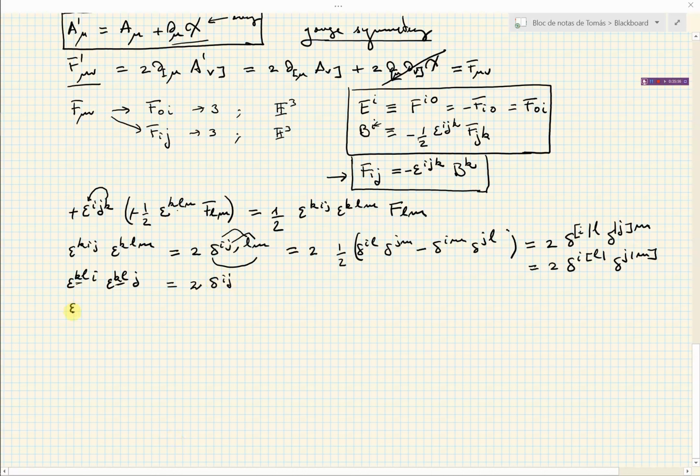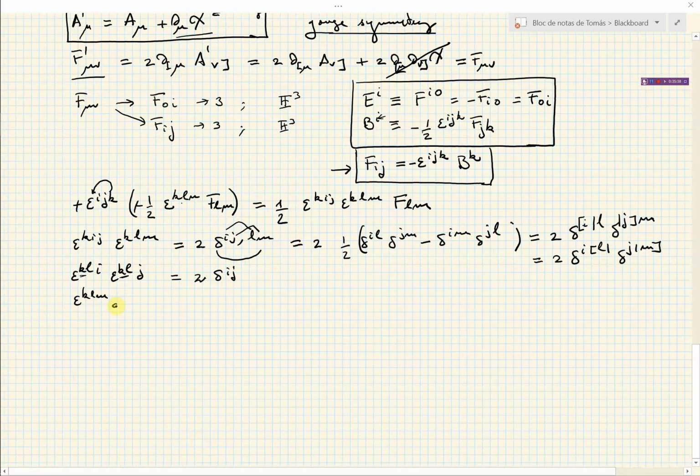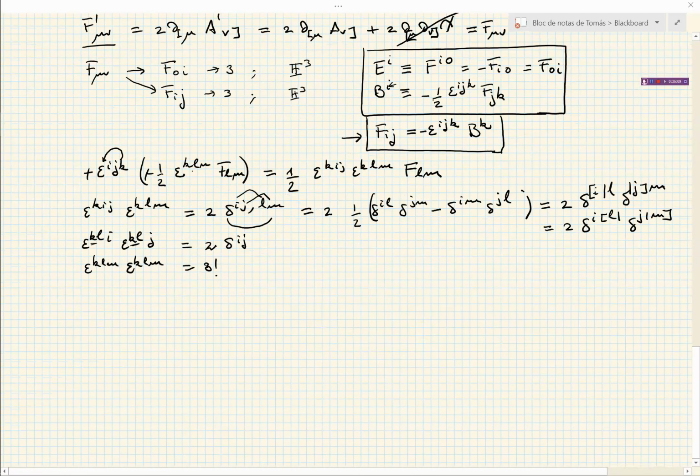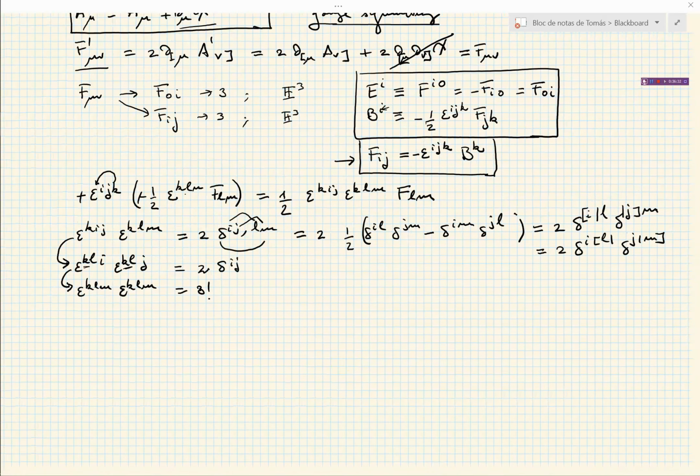And if you contract all of them, you get 3 factorial. Of course, you can find this from the previous formula by setting two indices equal: when you make i equal to j, you are summing over this index, which takes 3 values. This gives you a factor of 3 times 2, which is 3 factorial. Okay, so this ends the mathematical interlude.